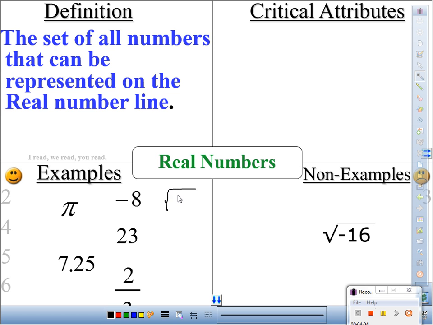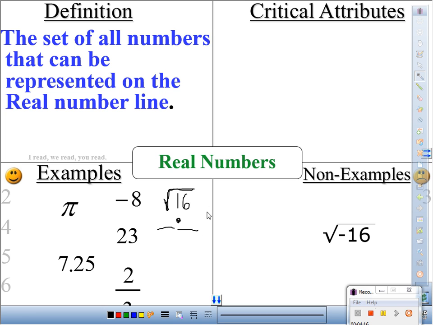Another real number is square root of 16. Why? Because we know that the word square root, what that means is what number times itself gives us this number. Do you agree with that? Yes. Right? So think about it. What number times itself gives us 16?